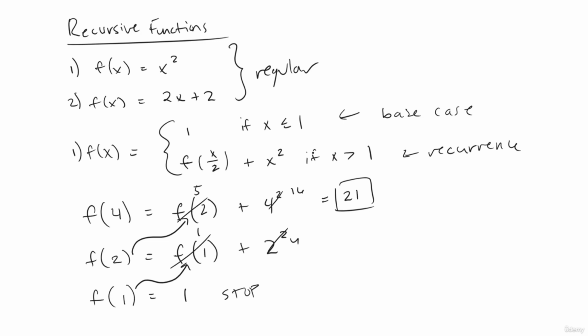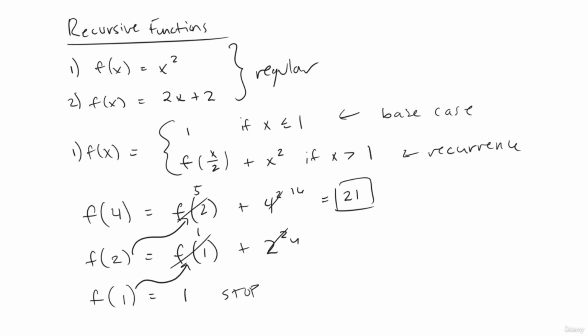And that's a lot different than what we're used to, because if we look at number 1 over here under our regular functions, for f of 4 we only had to put it in one time, and we'd get back x squared, which is 4 squared, 16. But with this recursive function, we sent it in, and there was a portion of the function that required us to call the same function on a smaller input.